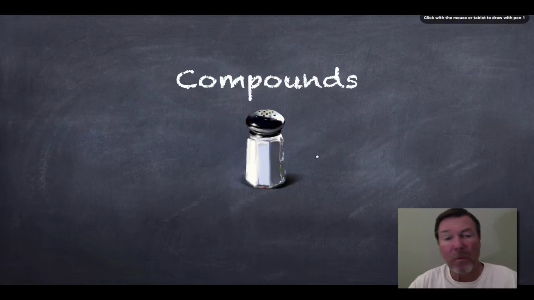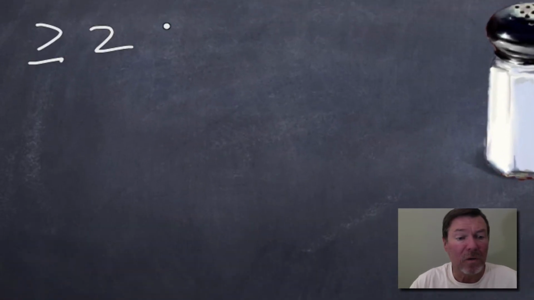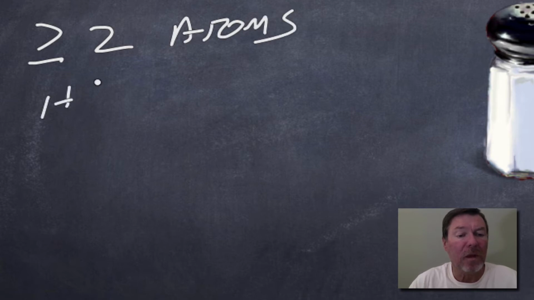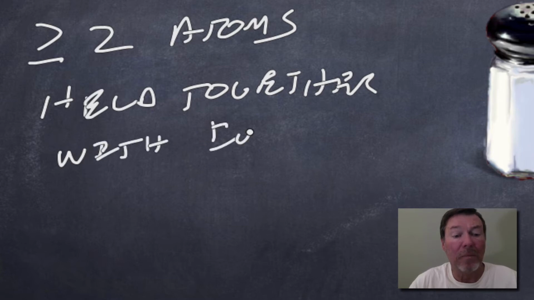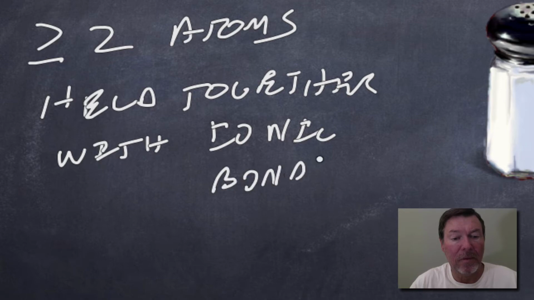Compounds are two or more atoms, so greater than or equal to two atoms, held together with ionic bonds. Again, remember what an ionic bond is real quickly.